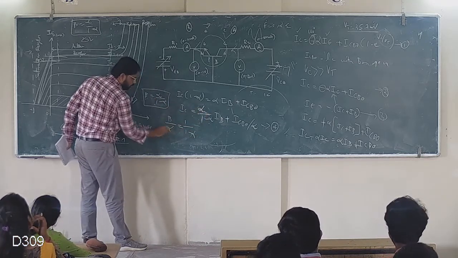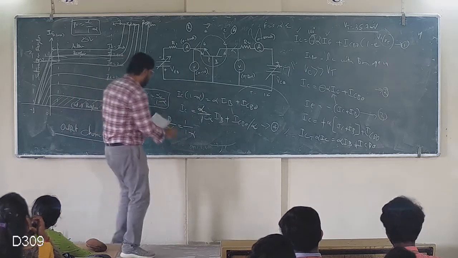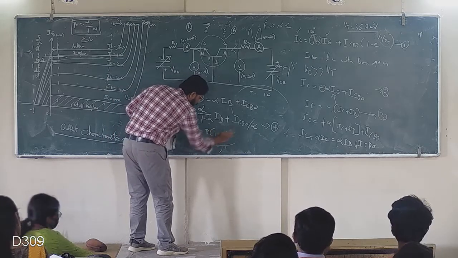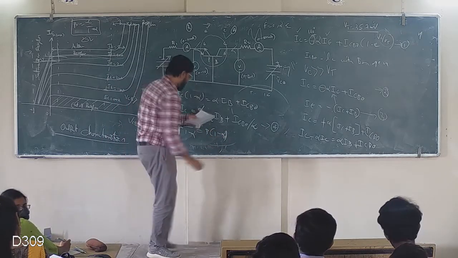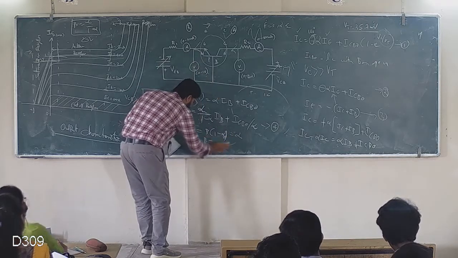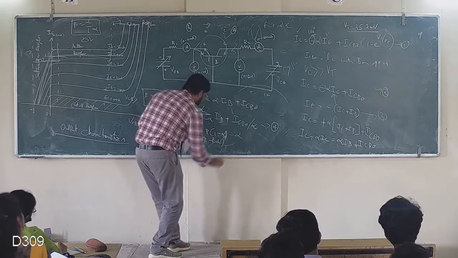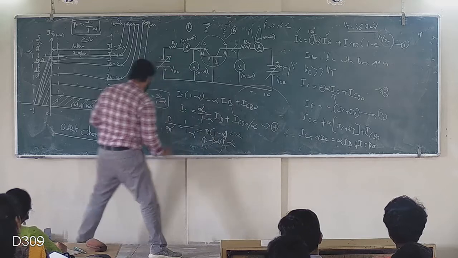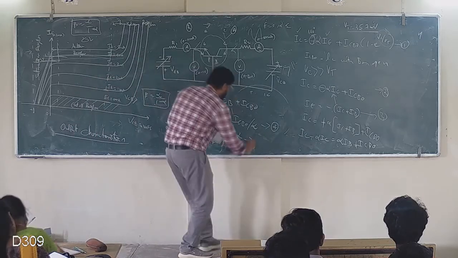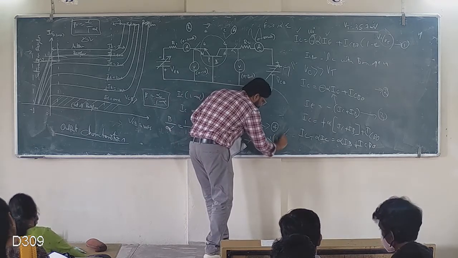Take this in here. So what do we have? Just rearrange this. We get beta (1 minus alpha) equal to alpha, and beta minus beta alpha equal to alpha. Finally we get that beta is equal to alpha (1 plus beta).